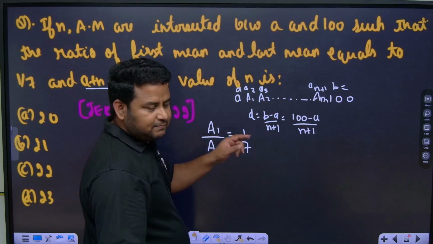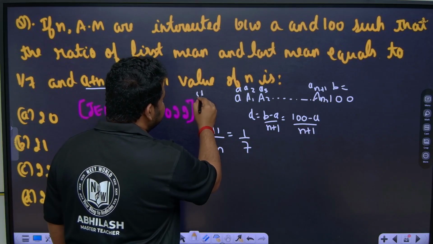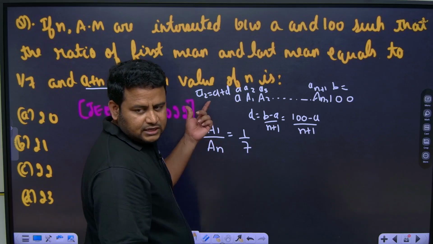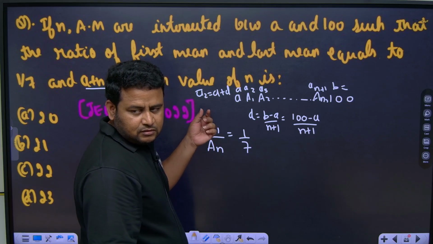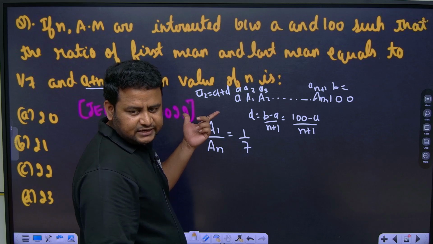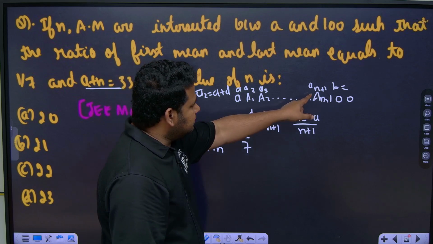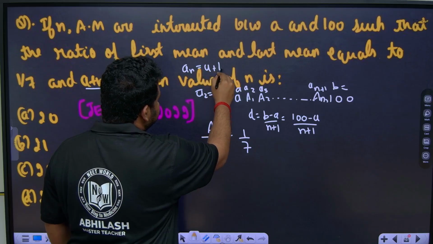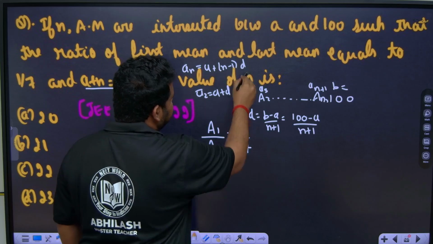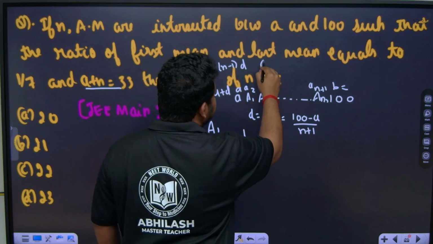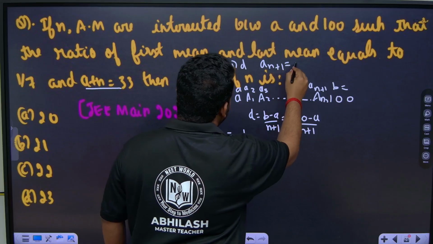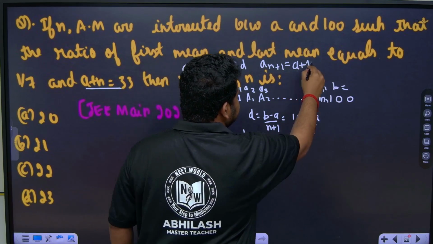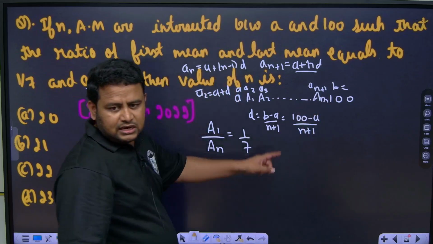How do we write a2? It is nothing but a plus d, the second term. An we write as a plus (n minus 1) into d. How do we write an plus 1? We write it as a plus (n plus 1 minus 1) into d, that is nothing but a plus nd.